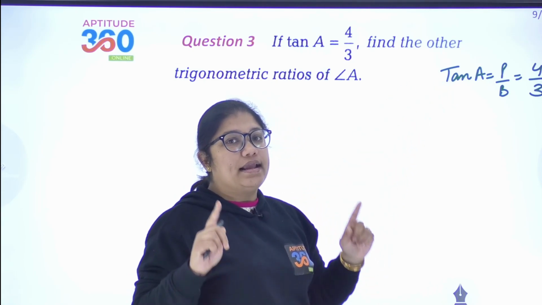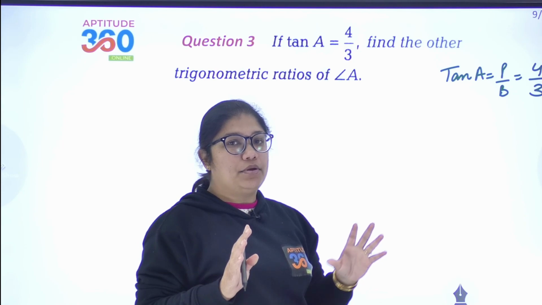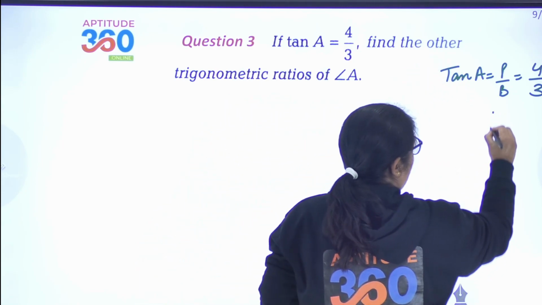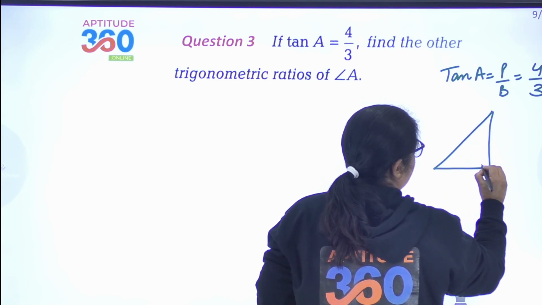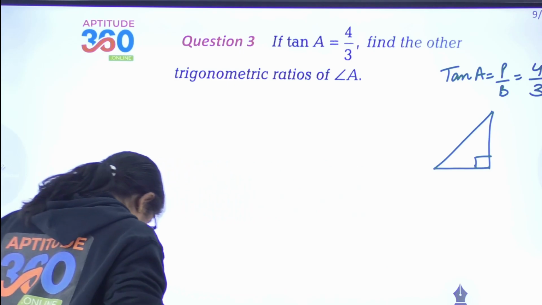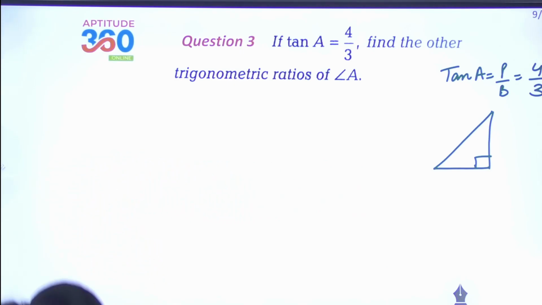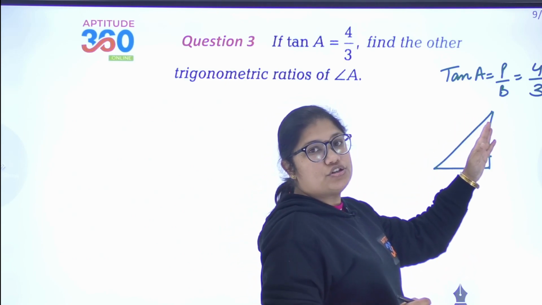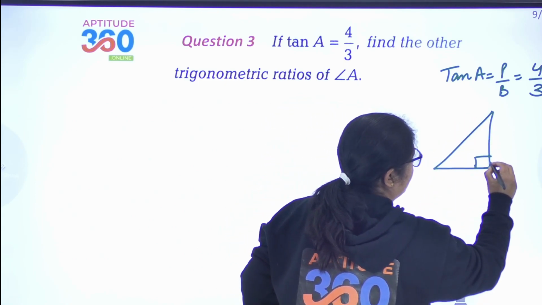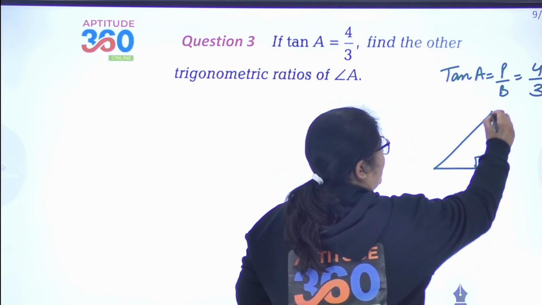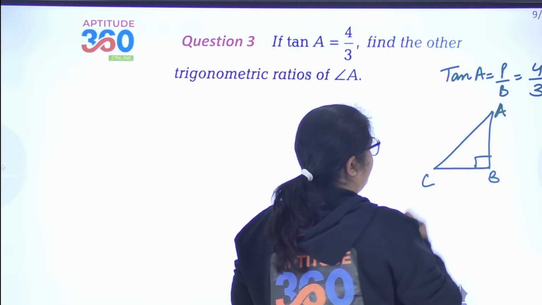It is your acute angle because it is your angle of reference. So you have to make a right angle triangle at B, and then A and C can be anywhere.